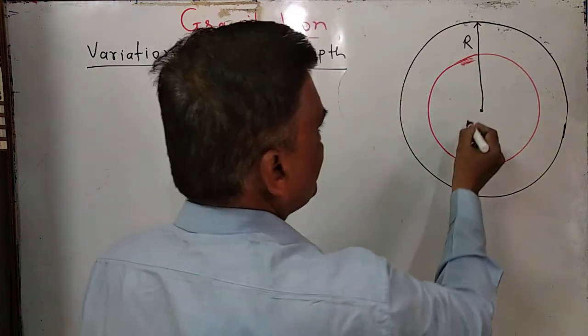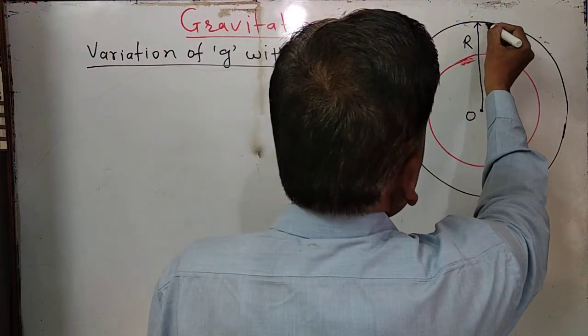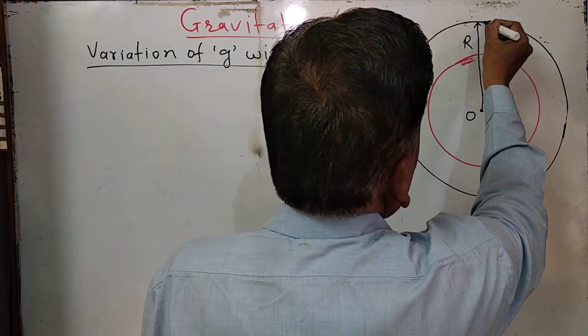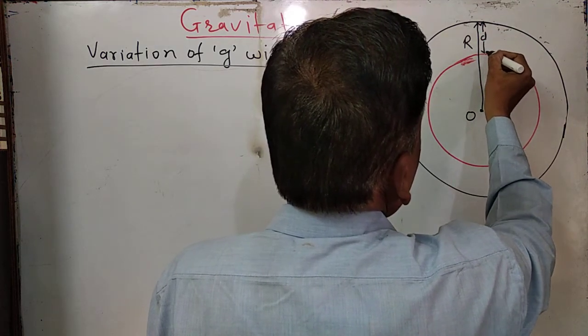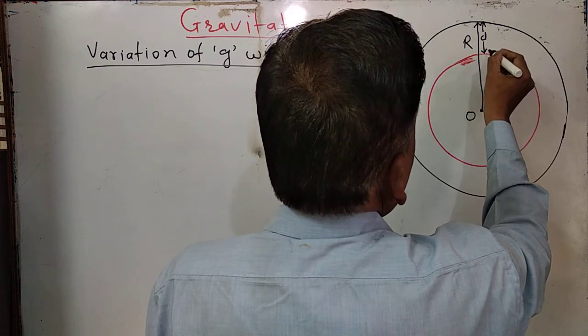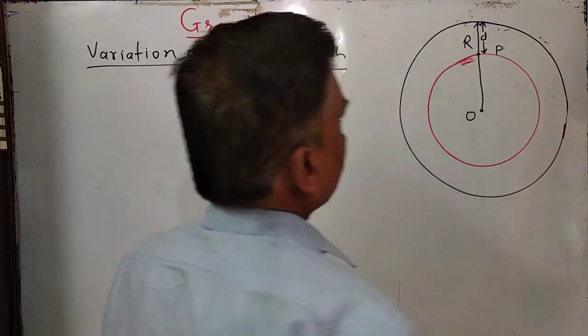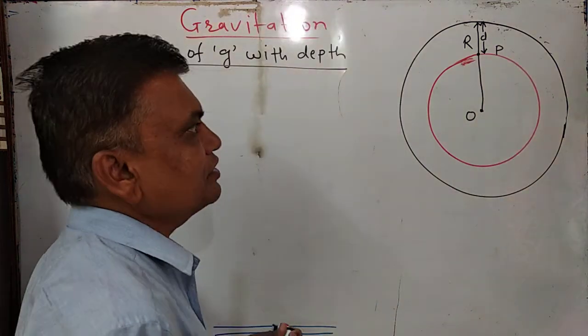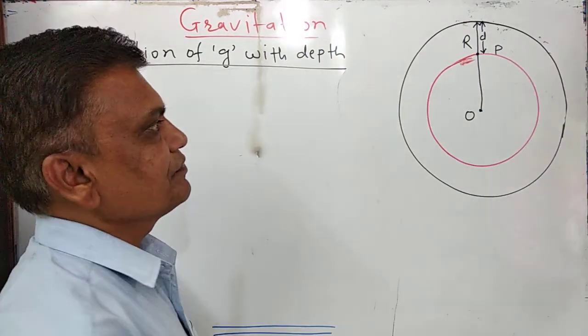Capital R is the radius of earth, and suppose we have kept a body at depth d, means at point P below the earth surface. P is the point below the earth surface, means at depth d.